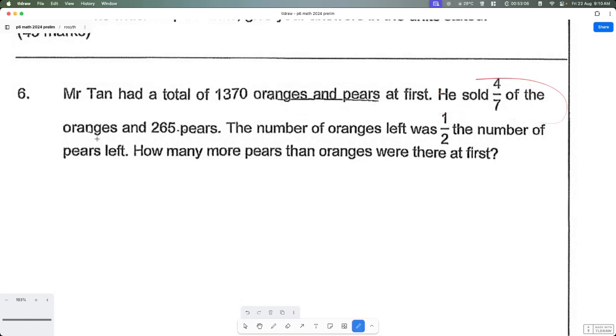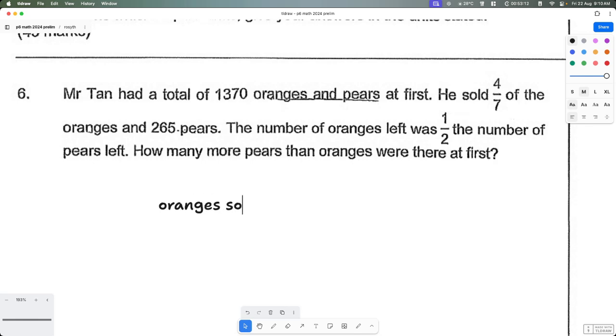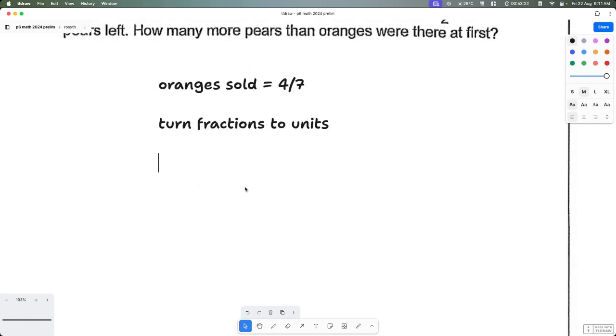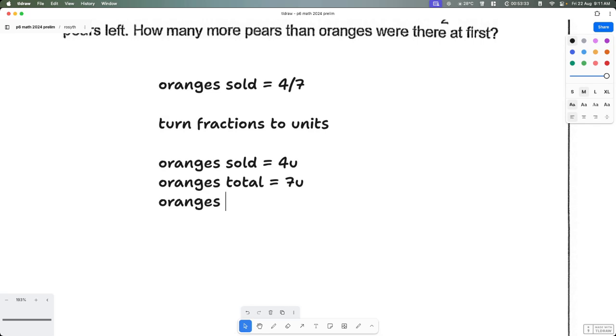He sold 4 out of 7 of the oranges. So turn fractions to units. Oranges sold is equal to 4 units. Oranges total is equal to 7 units. So that means oranges left is equal to 3 units.